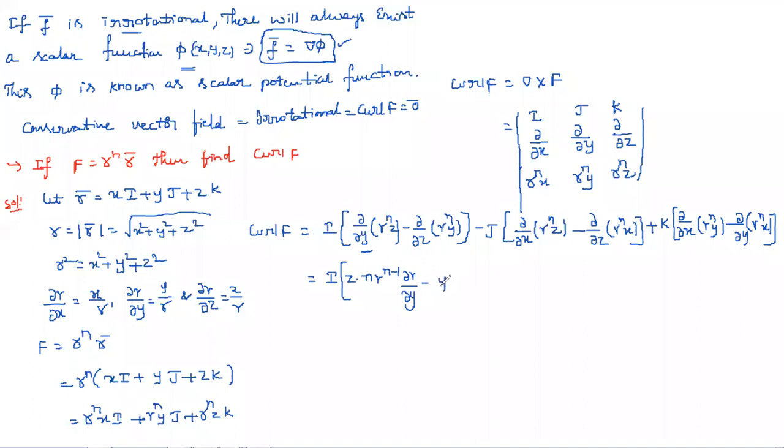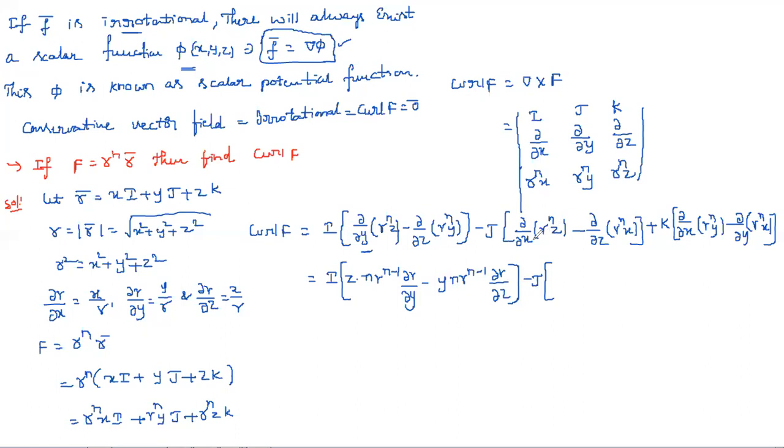So y simply you can write outside, and ∂/∂z of r^n is n r^(n-1) ∂r/∂z. Once you write the first one correctly, obviously the remaining you'll get as usual.